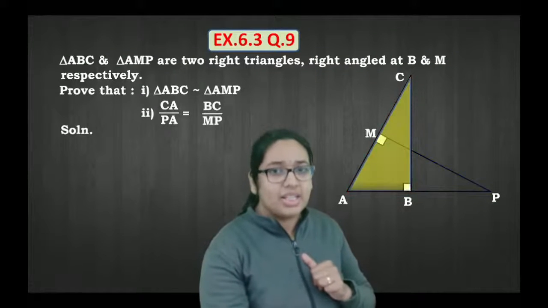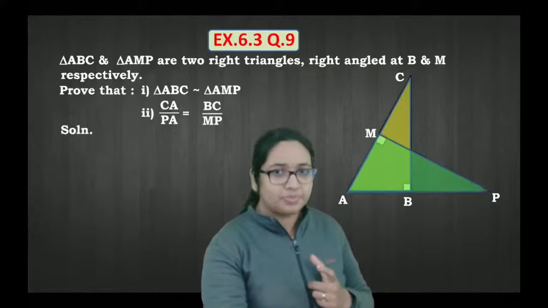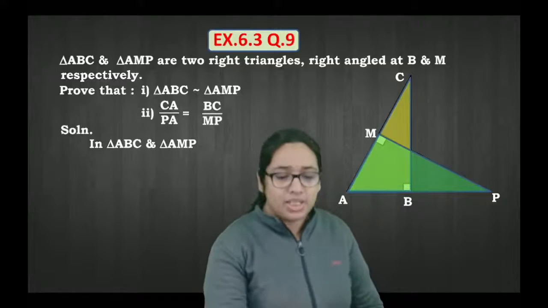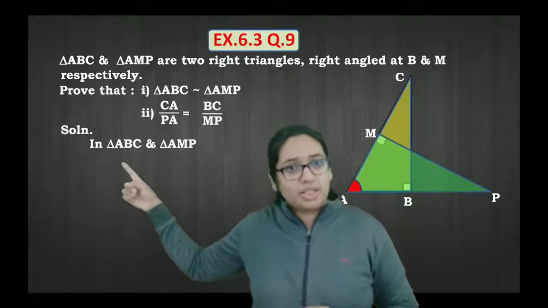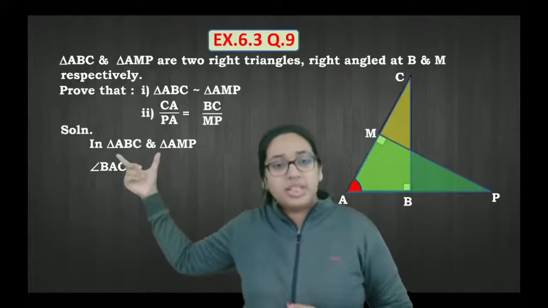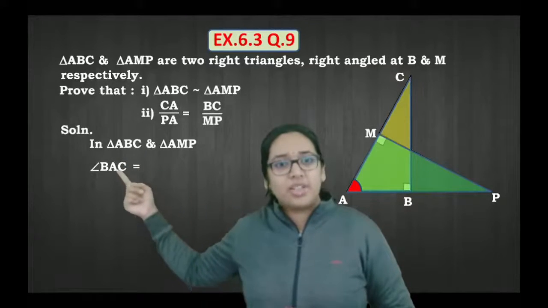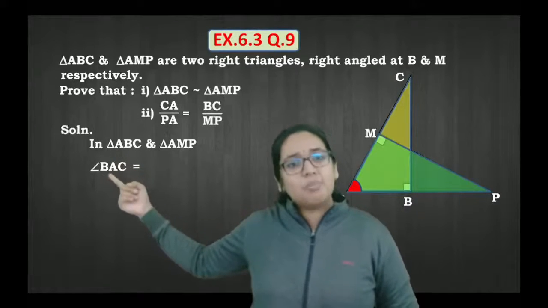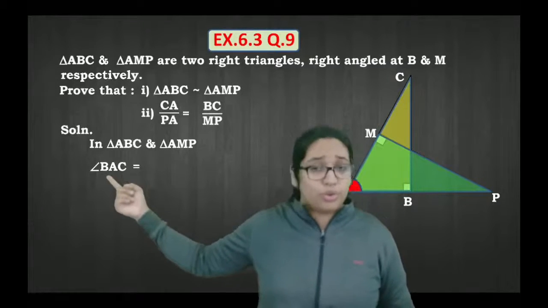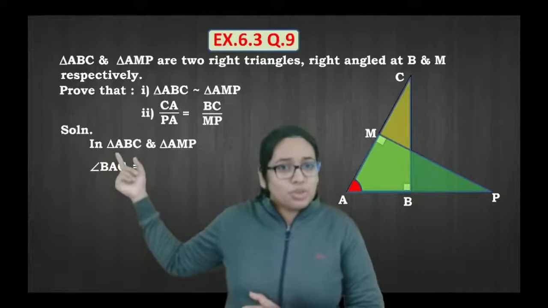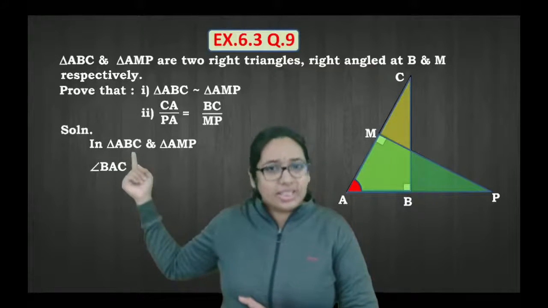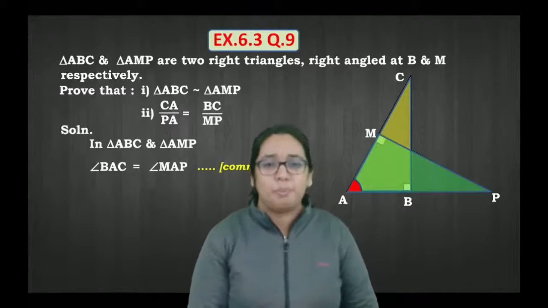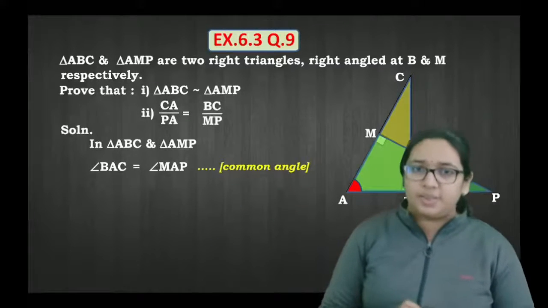So I can say that in triangle ABC and triangle AMP, आपको common point मिलेगा. जैसे मैंने बोला था कि there is a common vertex, then respective angle भी same रहेगा. तो respective angle is nothing but angle BAC. आप कैसे लिख सकते हो? You can write either BAC or CAB, whatever you want to do, but always remember that जो कि आप use करोगे. Now we are about BAC, correct? Angle BAC is same as angle MAP. This is nothing but a common angle.